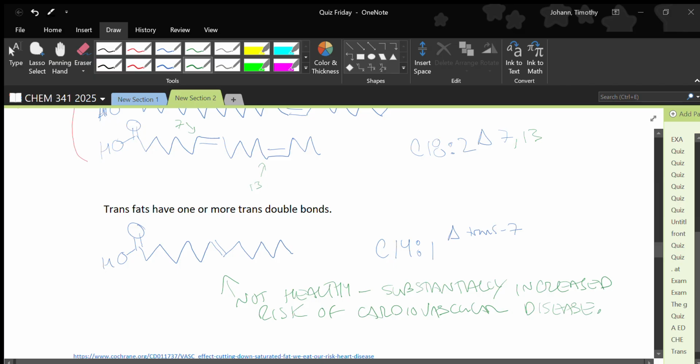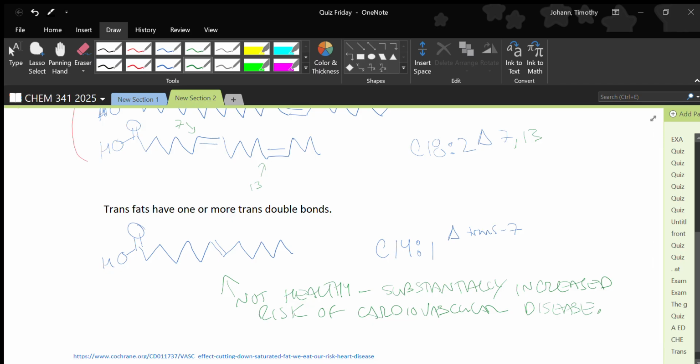And that's well demonstrated. And the thought behind this is that you just don't have the enzymes to break these down. Okay? I mean, you have enzymes to break them down somewhat.